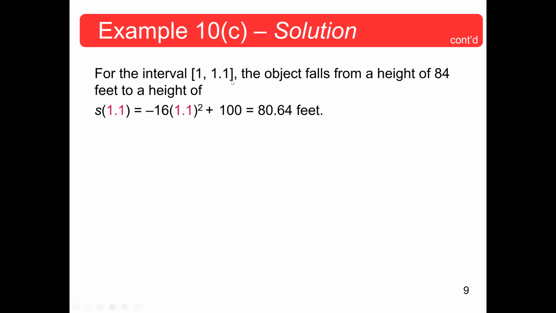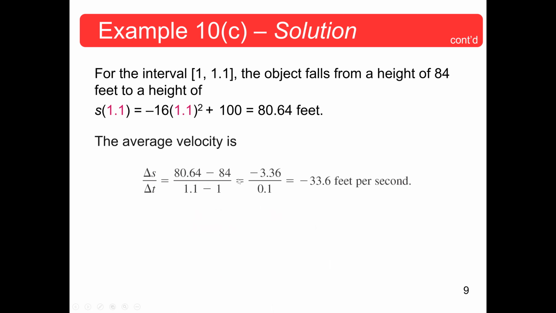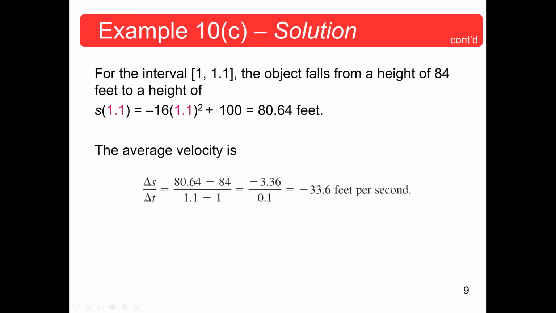Next, we have 1 to 1.1. Substituting 1.1 for t, we get 80.64. We know s at 1 gives us 84. So we have 80.64 minus 84 divided by 1.1 minus 1, which gives us negative 33.6.